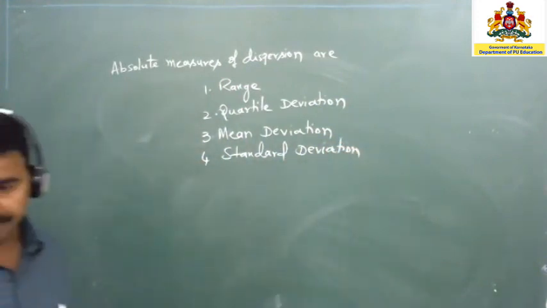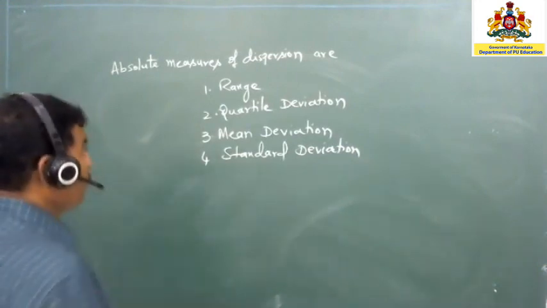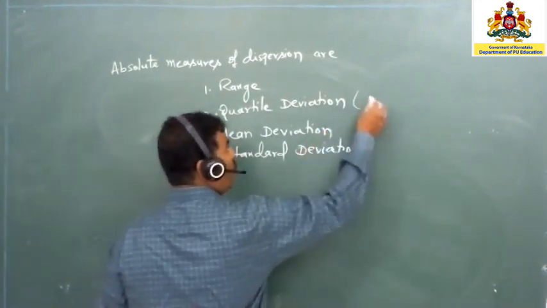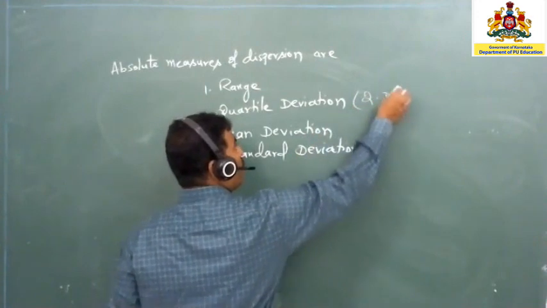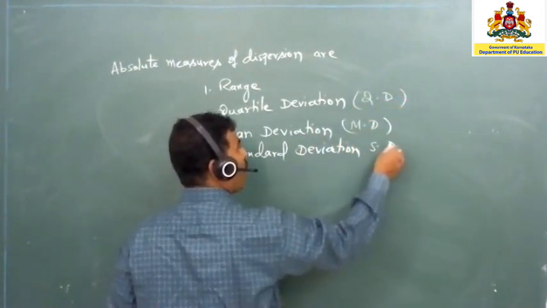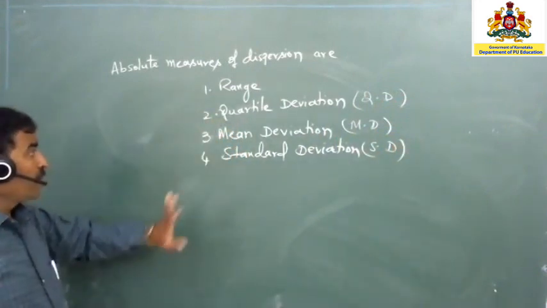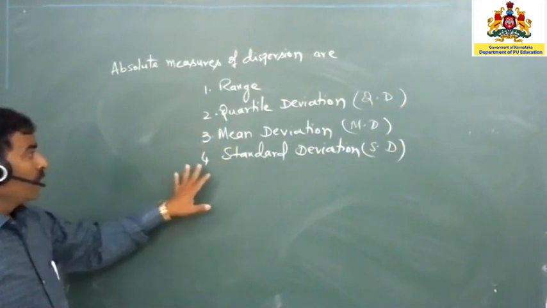The short forms are QD for quartile deviation, MD for mean deviation, SD for standard deviation.